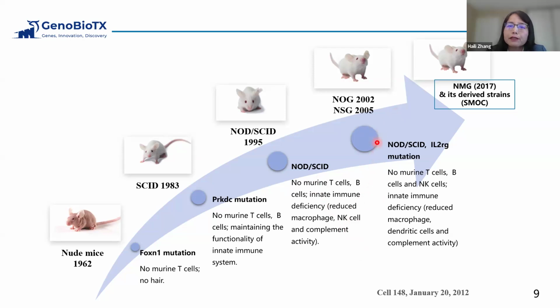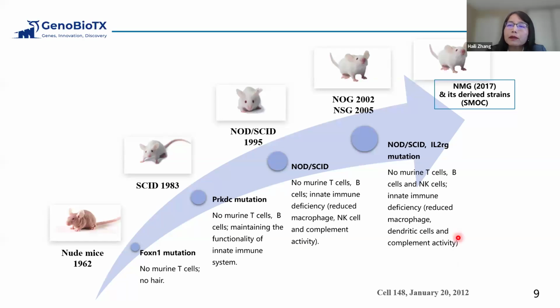The fourth generation is the NOD SCID IL-2 receptor gamma knockout mice developed in 2002. These mice carry the SCID mutation and an IL-2 receptor gamma knockout on the NOD mouse background. As a result, these mice lack T cells, B cells, and NK cells, and also exhibit reduced levels of macrophage, dendritic cell, and complement activity.